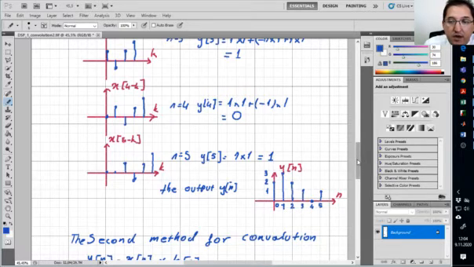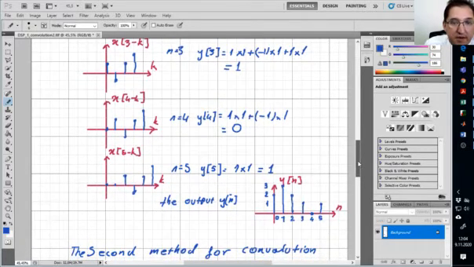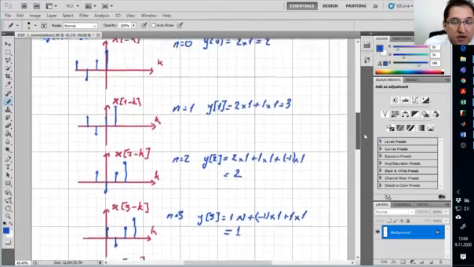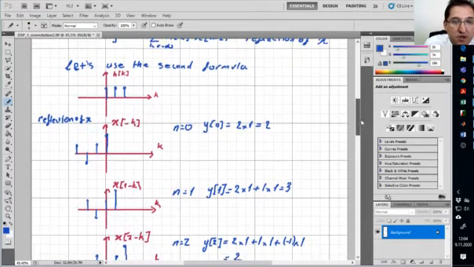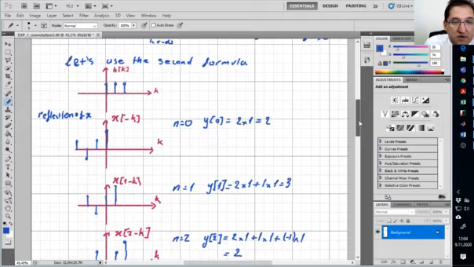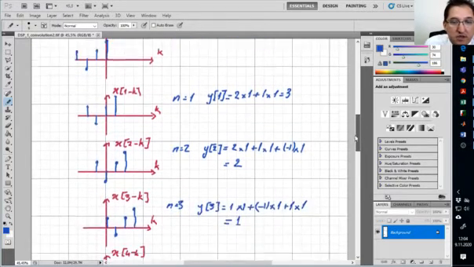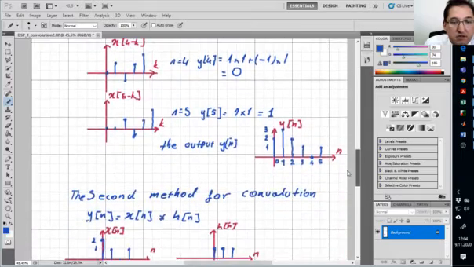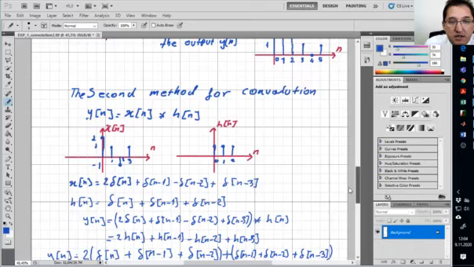This was the first method. This is a graphical method. We keep one the same and reflect the other one, and shift to the left or right and multiply and get the results.